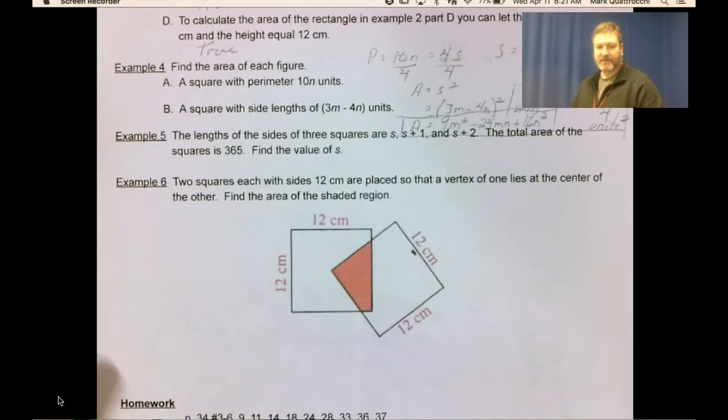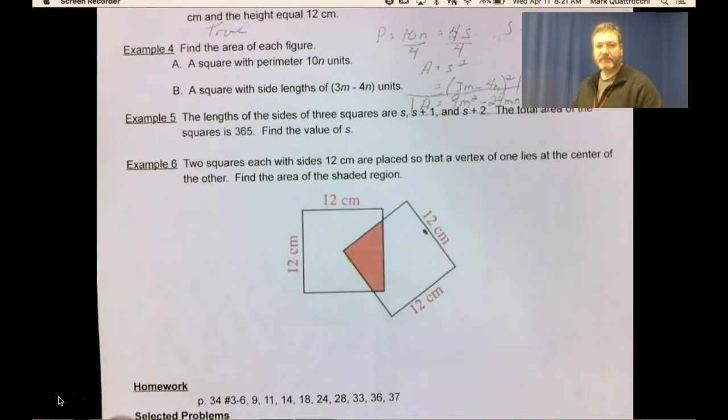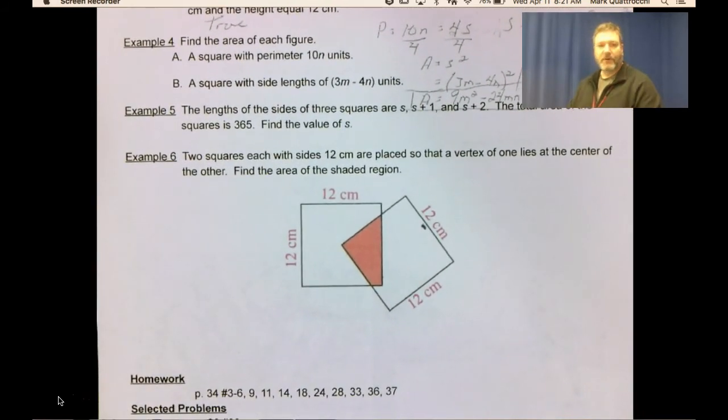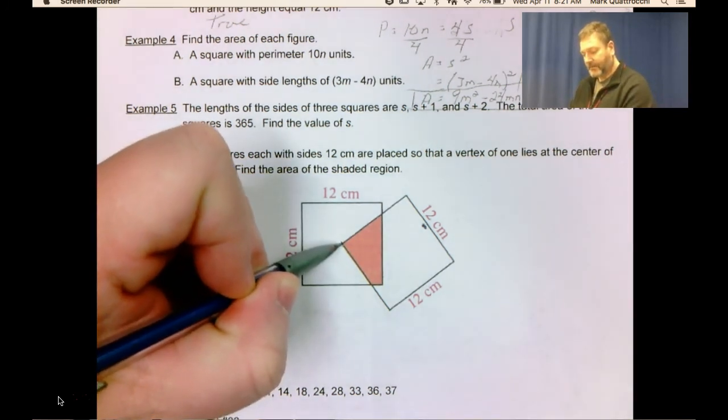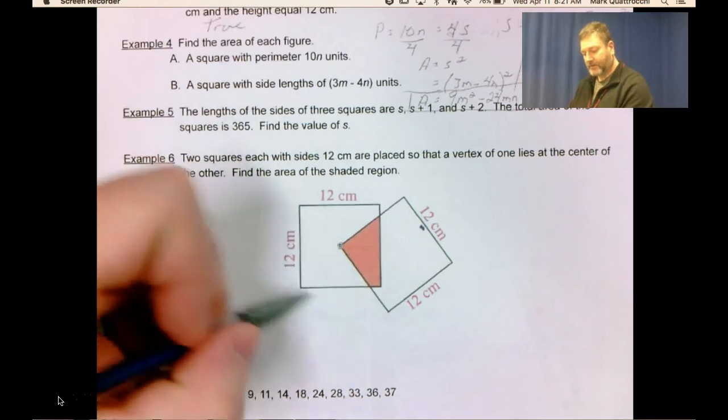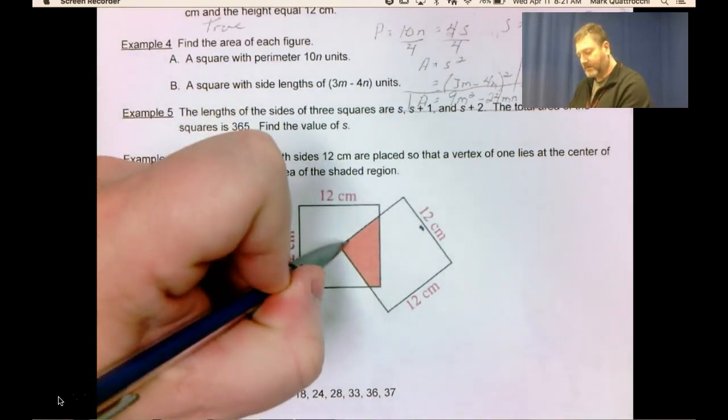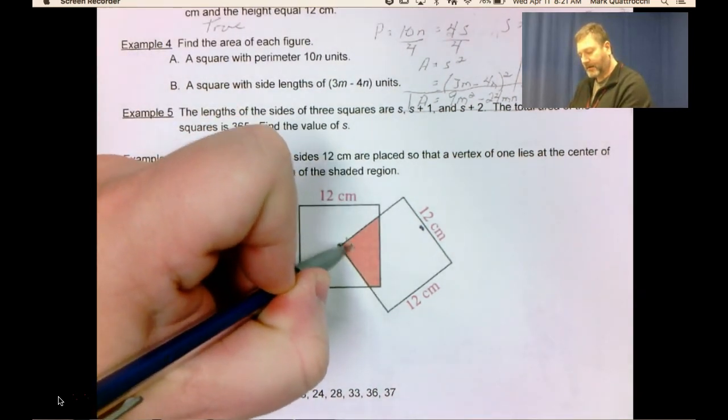Example 6. 2 squares, each with sides 12 centimeters, are placed so that the vertex of one lies at the center of the other. Find the area of the shaded region. So this is the center of this square here, which makes this a right angle here.